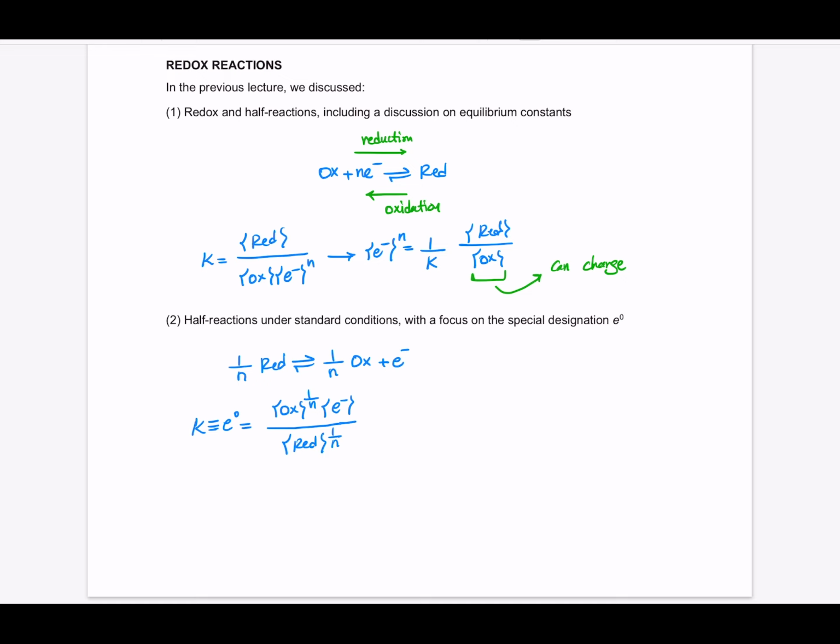So we call this the standard electron activity. And we use PE0 also to be minus log of E0.